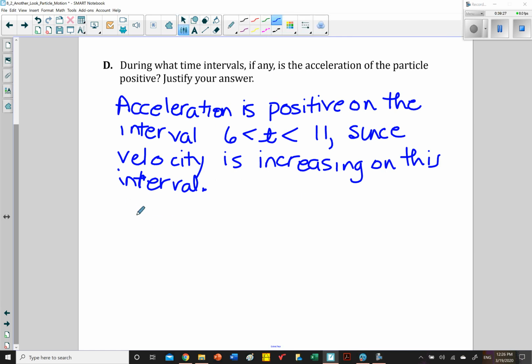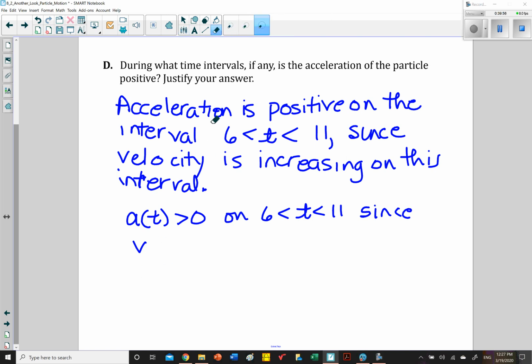But on the AP exam, you might write acceleration is positive on 6 to 11 since velocity increases here.